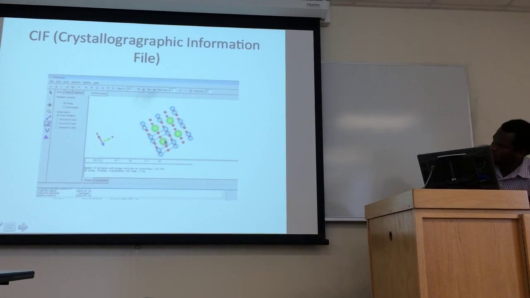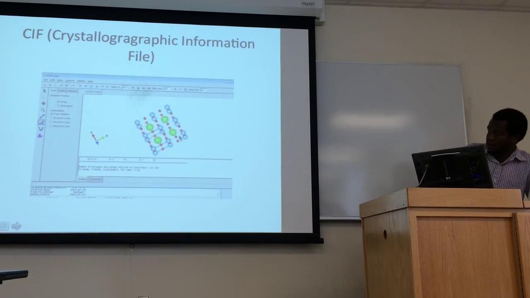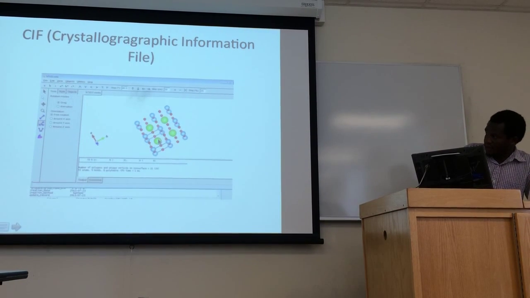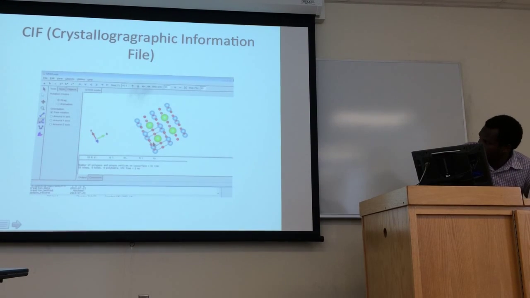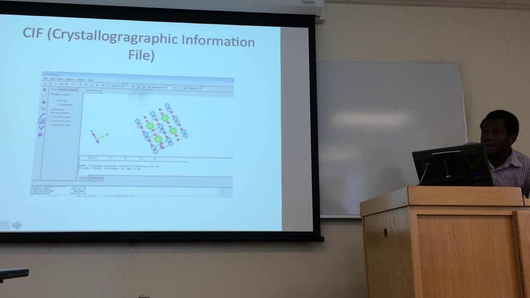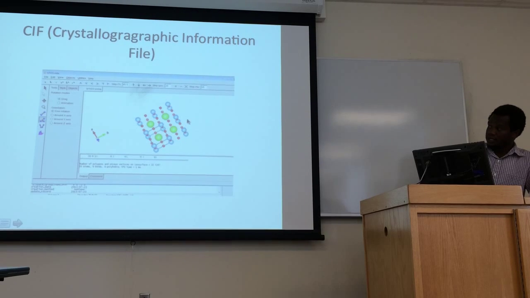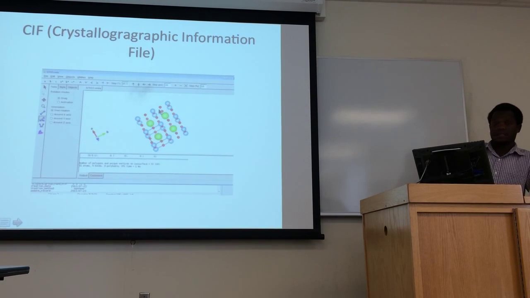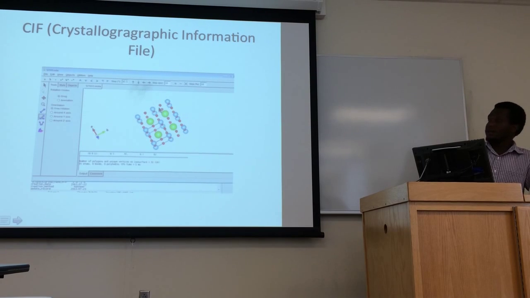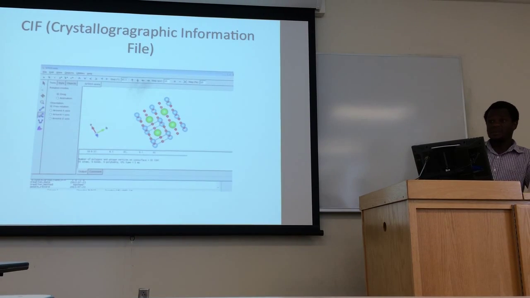From here, you are able to determine that we have the strontium, and then titanium and oxygen, bonded together. And these structures, as you can see, are highly ordered, and can I say in 3D dimension? Yeah, in 3 dimensions.